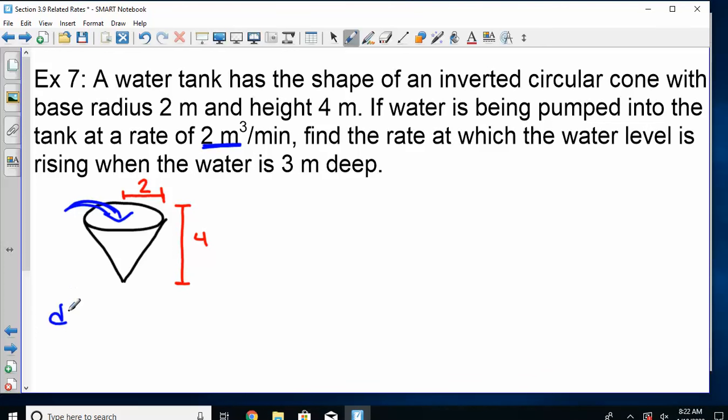So cubic meters per minute would be dV dt. That's just talking about the amount of water. That's 2. Find the rate at which the water level is rising. So that's talking about d what? I'm talking about how fast it's rising. I'm talking about the height. So I'm looking for dh dt.